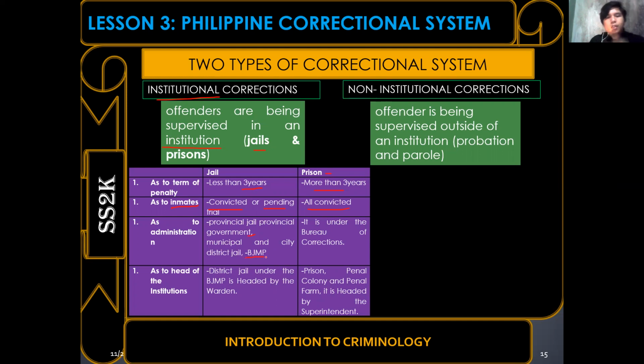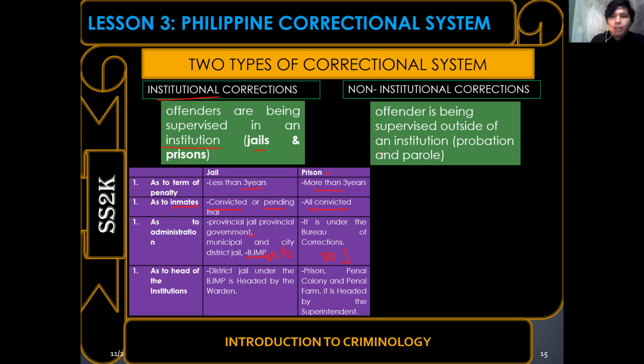At ang Bureau of Jail Management and Penology ay under ng Department of the Interior and Local Government, DILG. Okay? Samantala, yung prison, no, is under ng Bureau of Corrections, under ng anong ahensya, under po yan ng Department of Justice.